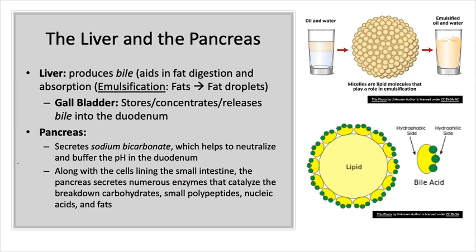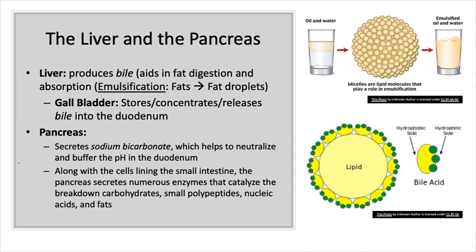The pancreas will have two important functions. One function is to secrete bicarbonate, which is our body's natural buffer. So this will neutralize that acidic food coming from the stomach and helps buffer the pH back to neutral in the duodenum. All right, and then the pancreas also secretes a number of digestive enzymes.